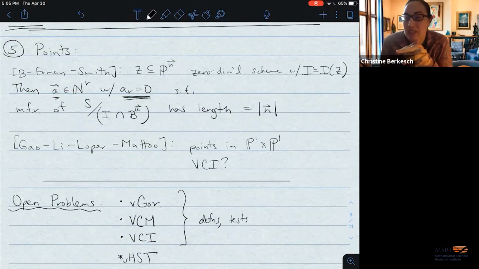Without the high enough twists, I would say no. I'm not sure that if we just did high enough, we would always get short. I'm not so sure. I think there's a tension here between resolutions by vector bundles and resolutions by direct sums of line bundles.